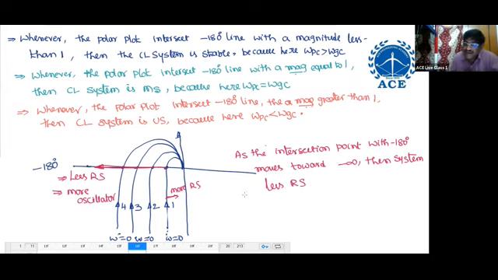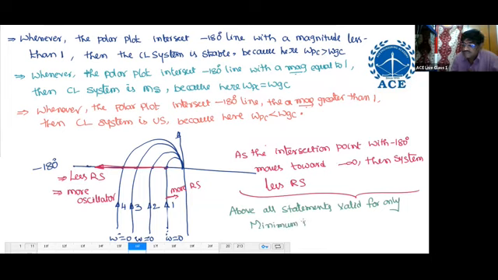All the above statements are valid only for minimum phase systems.